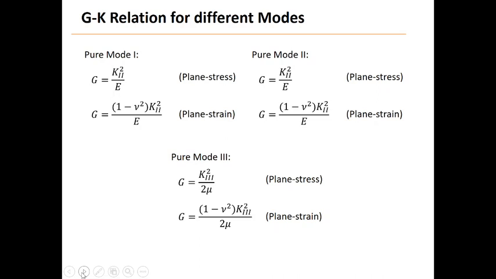You should be looking at Ux, because in mode 2 you have displacement along the x direction if you apply a shear force. But then at the end of the day, the expressions you get are basically the same, for mode 1 and mode 2, just by switching K1 with K2. Mode 3 is also basically the same, just that you have K3 here, and then on the bottom is the shear modulus. Okay, so this is the GK relation.